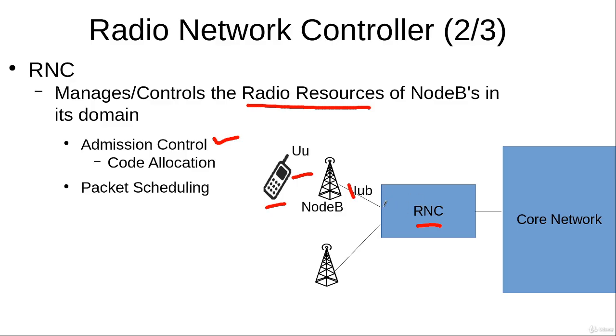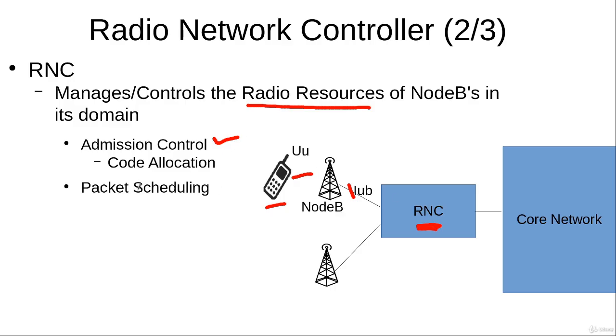So these channels are assigned by the radio network controller. And when the channels are assigned on the air or the radio interface, then for those channels, the spreading codes also need to be allocated, and those spreading codes are also allocated by the radio network controller.